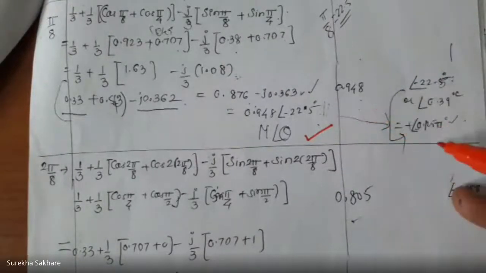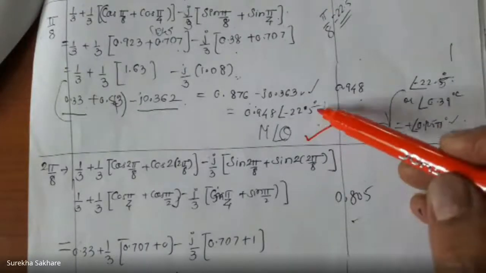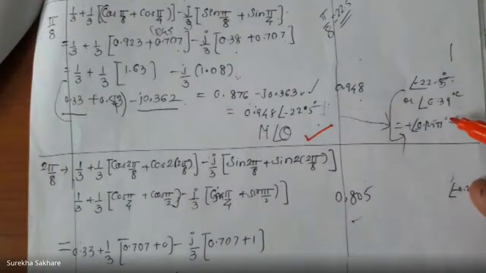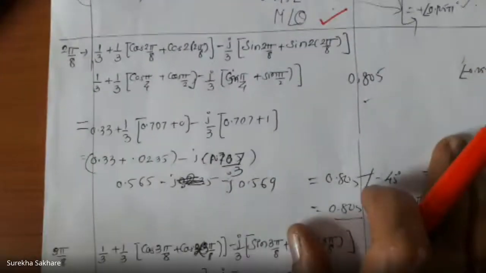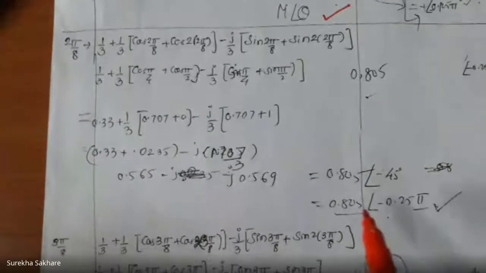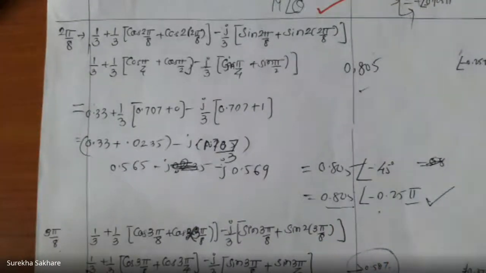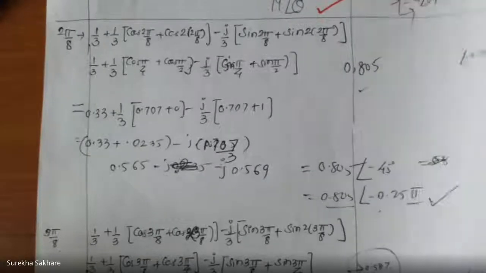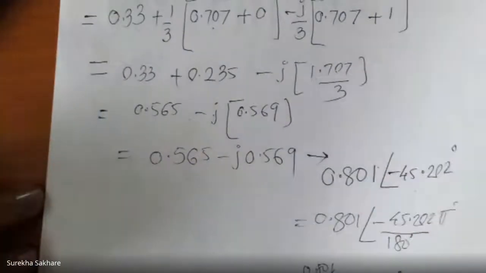Now you know how to convert the degrees into radians. So we have seen even that. Then the next angle was 2 pi by 8. We obtained the magnitude as 0.80, 0.25. Now similarly, going to all the values, we have taken all the values. Okay, we had obtained some values.